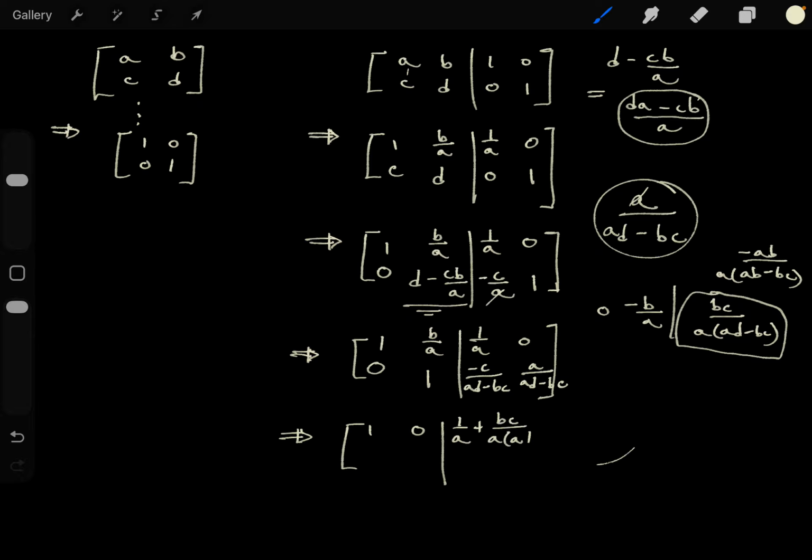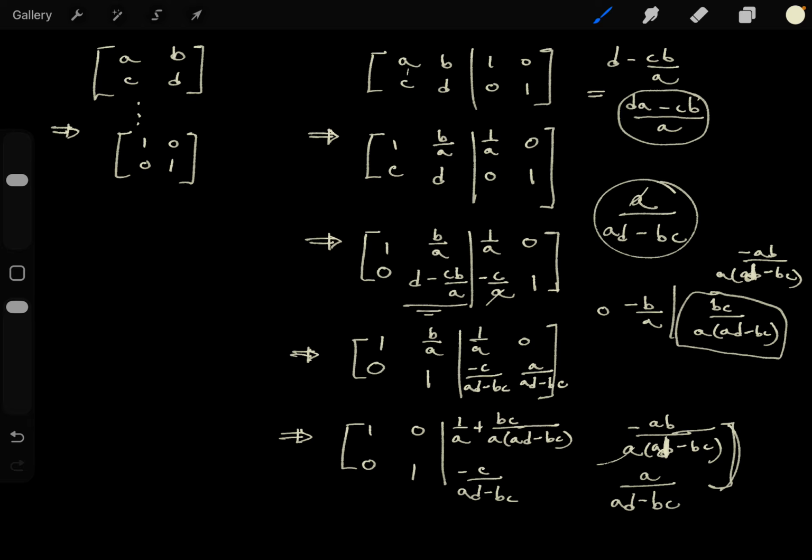And then the 0, it's negative AB over AB minus, it's AD over BC, yeah, AD, that's a mess up, AD. And then this stays the same, 0, 1, negative C, AD minus BC over AD minus BC.